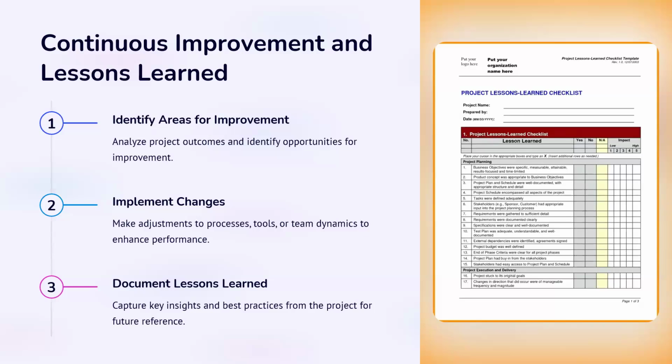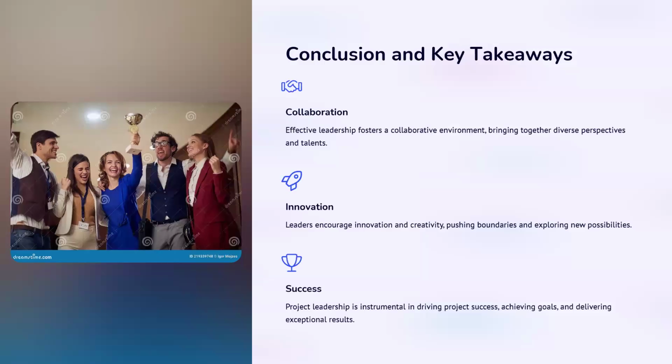So it is documented and no one can deny it. You're in a safe place and the leaders are in a safe place. At the same time, the team members also receive clear information about the process and everything, because it's directly from the leaders. So identify the areas for improvement, implement the changes, and always document the lessons learned.